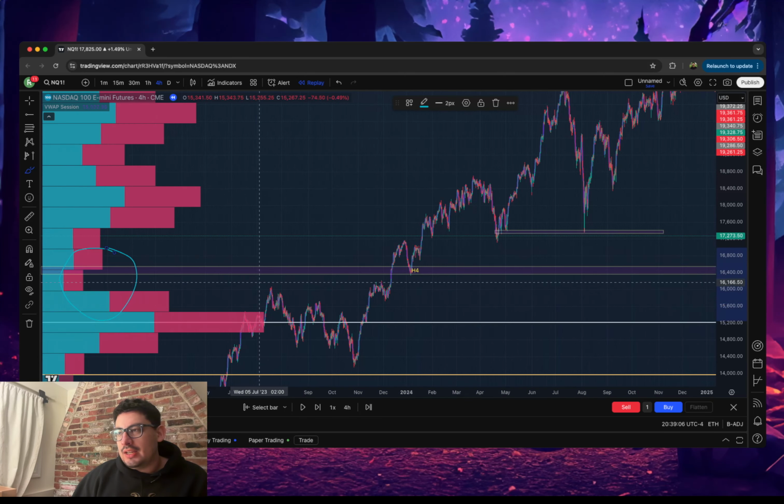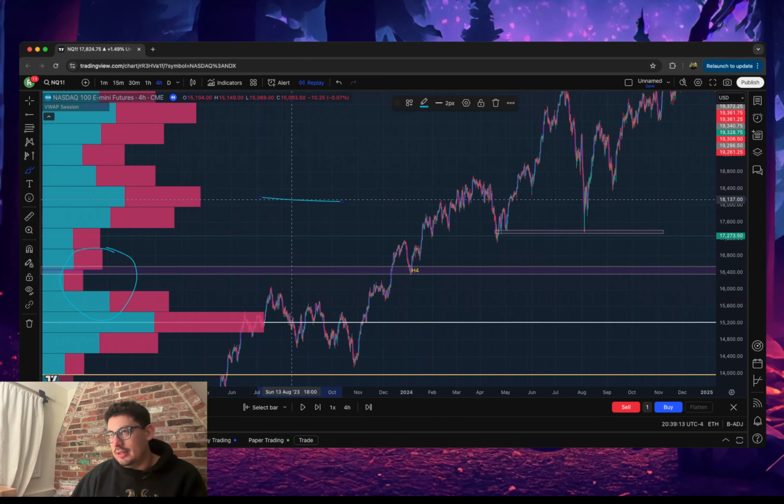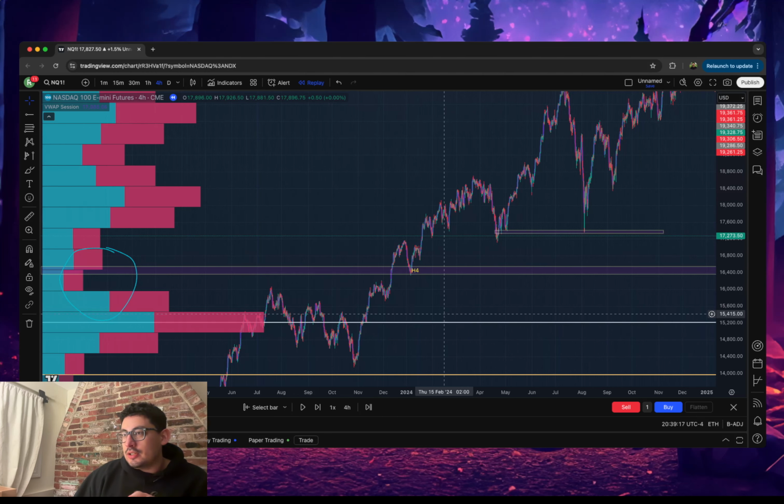That means that nothing happened here. These are big bars, so it's not super precise, but this gives you a big picture. What happened here? Price came up to it once, left real quick. Not real quick, but it left for sure.